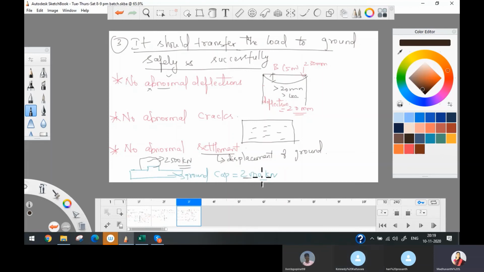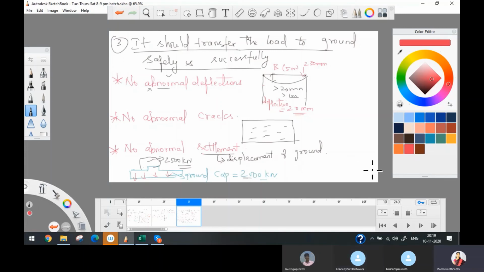The capacity is only 2000. If the load is more than the capacity, obviously this soil will settle down. So there will be some displacement of the ground. That's the settlement. There should not be any abnormal settlement, as per the code provisions, right?